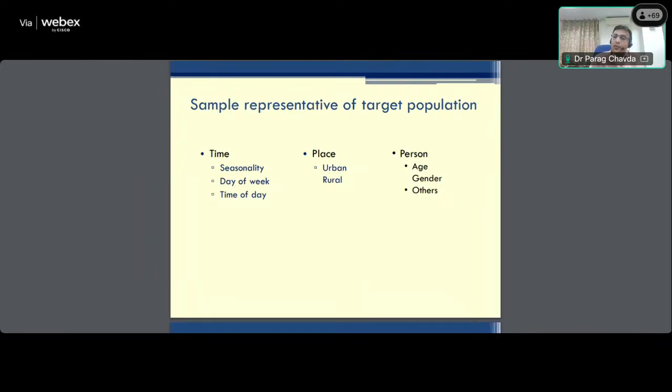So you need to take care of those variations as well in terms of time, many a times time of the day. So say for example, when you are sampling your patients from your OPD, if throughout the OPD for the disease under question you are getting, say, 20 patients throughout the day, the patients who present in the early part of your OPD in the morning hours are likely to be patients with severe illness.